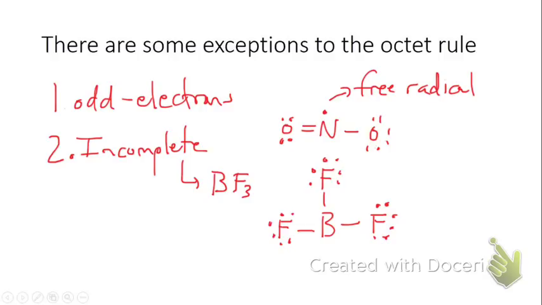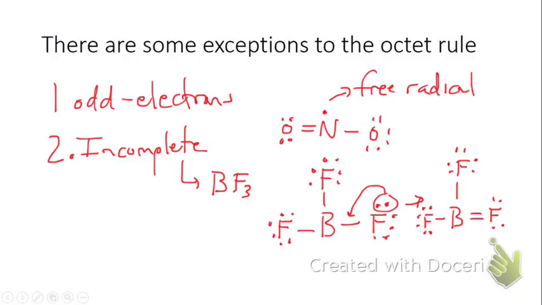Now, when you do this, you will think, oh, I need to do a double bond. So let's do a double bond. So we're going to have B double bonded to an F, bonded to an F, bonded to an F.